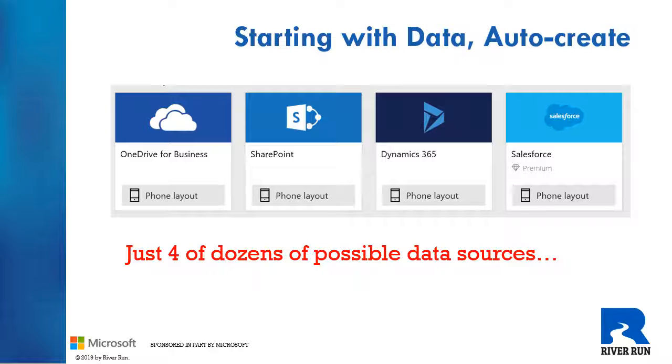You can also start with your data. In other words, I know I want to interact with this list or this Excel sheet. So you can point your PowerApp application builder at the data and let it auto-create a template or a starting point.